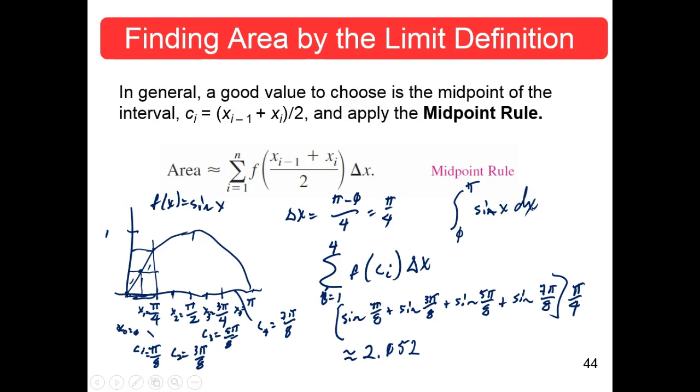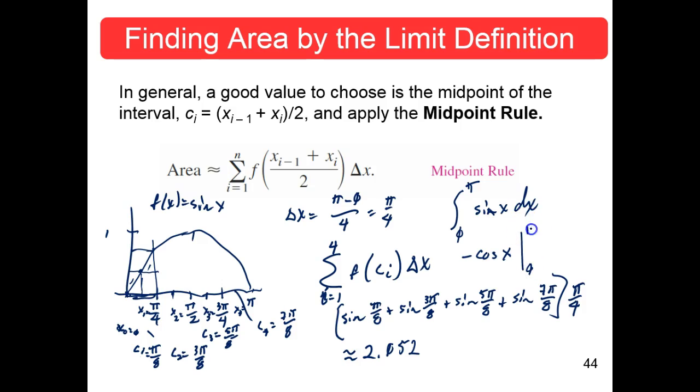Now that, without the limits there, is an antiderivative. Does anyone remember what the antiderivative of sine is? It has to do with cosine, but it's not exactly cosine. It's minus cosine x.